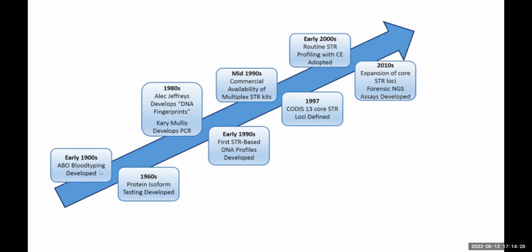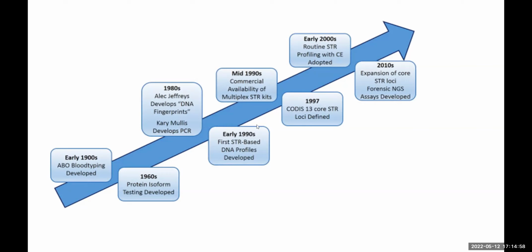In the beginning, in the 1900s, blood group typing was taken as a potential way of identifying the criminal. Then protein isoform testing was developed. The most important development for DNA profiling was in the 1980s by Alec Jeffreys, and together with PCR, it brought a revolution in the field of forensic science.